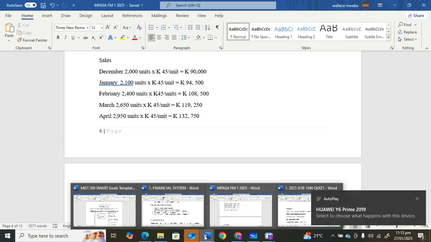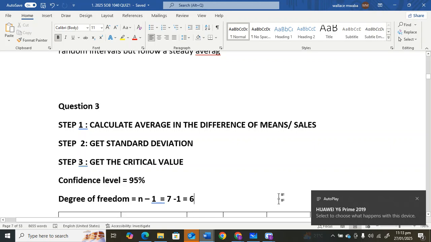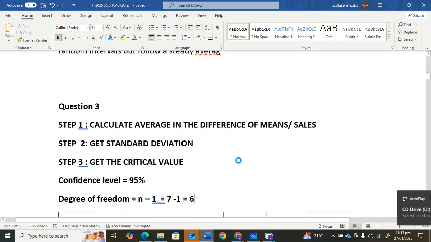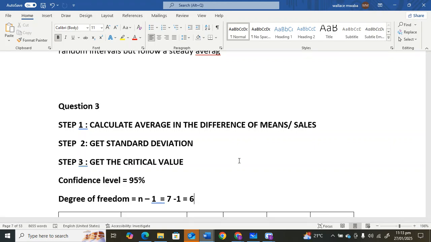Just hold on. Which answer, after we got which? Oh, after we got the standard deviation. Yes. Let me just correct you there.